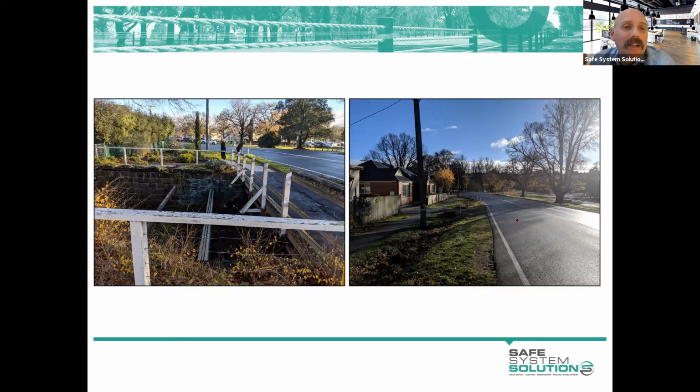And we want to put that into the mix of the complex thing that we've got to do, because yes, we definitely want highest alignment with safe system principles, but they've also got to consider environmental, cultural heritage, community expectations, travel time impacts, encouragement of active transport modes. I don't need to tell this group the massive amount of stuff in these sorts of projects.